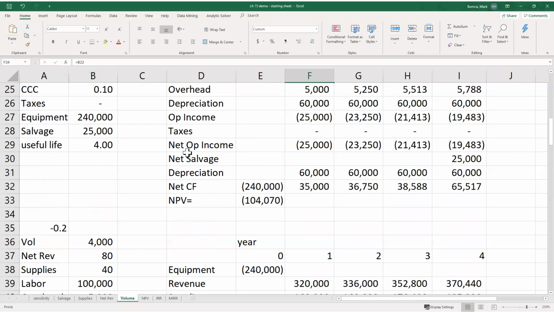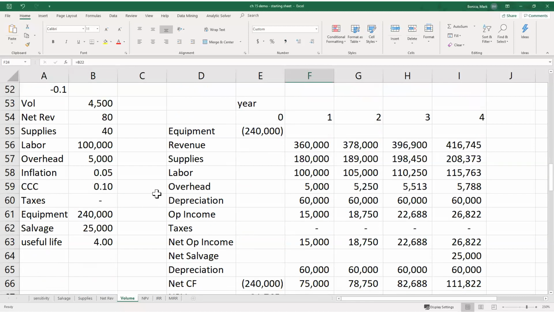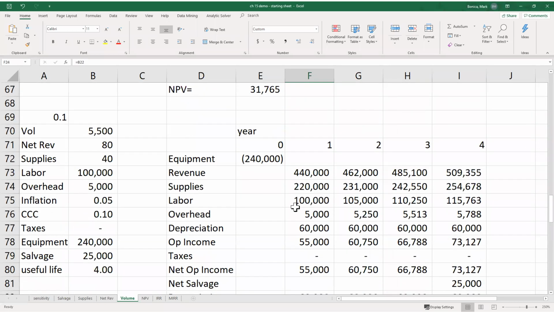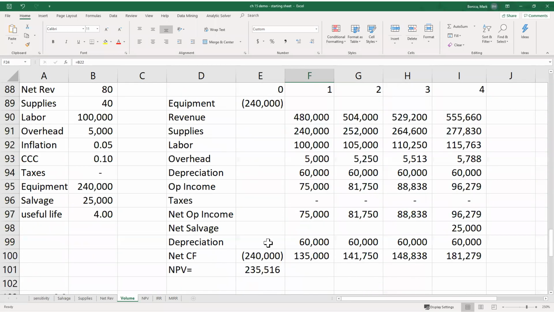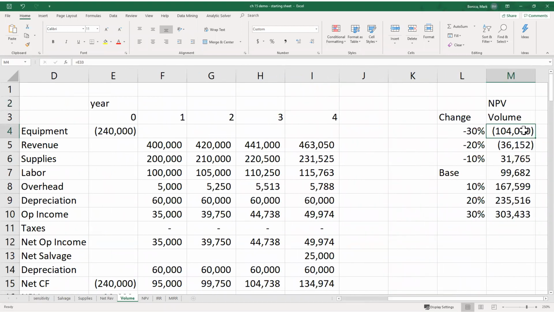So we did off by 30%, off by 20%, off by 10%, and what if we understated our volume by 10% and it really comes in at 110% of what we think? How much better off would we be? We had an NPV for each of those, holding everything constant except for volume. This is our sensitivity analysis for volume.